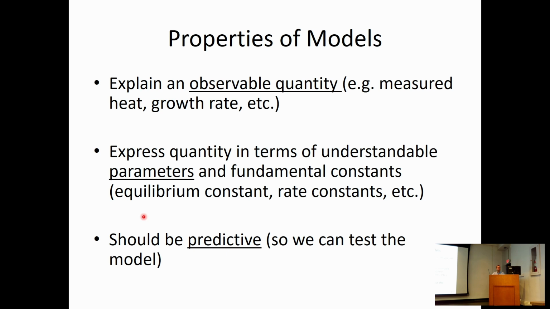And so those parameters are generally the things that we understand, whereas just looking at the data, I'm not going to be able to look at my NMR data and say, oh, that rotational diffusion coefficient, I understand what that is. No, the rotational diffusion coefficient is a parameter that I extract from the data.